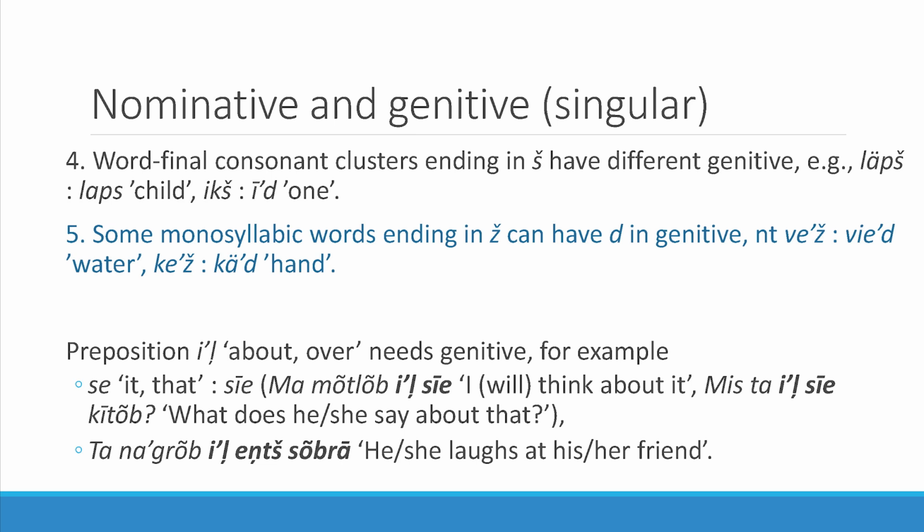Or mis ta il siia kiitab. What does he or she say about that? So this siia is in genitive. And there's another example, like he or she laughs at his or her friend. So ta naerab il ents sõbra. It's in genitive.